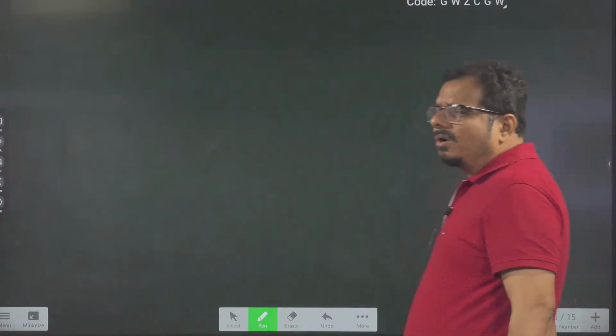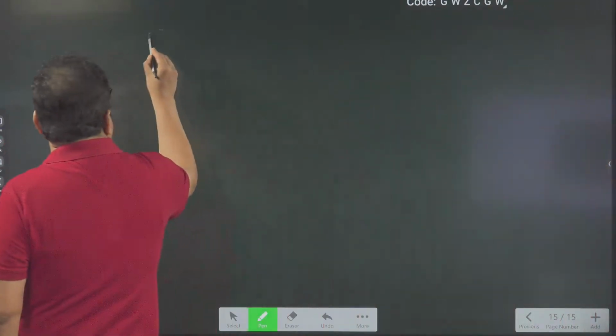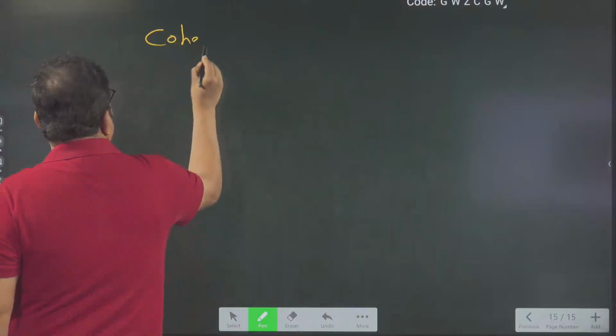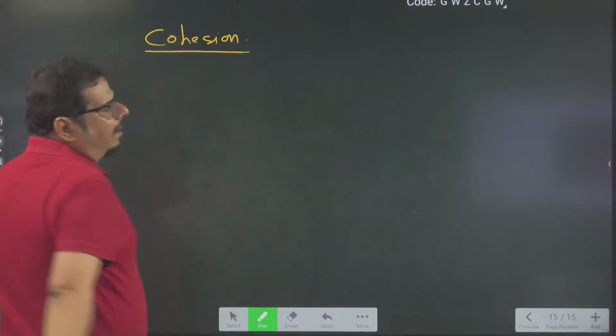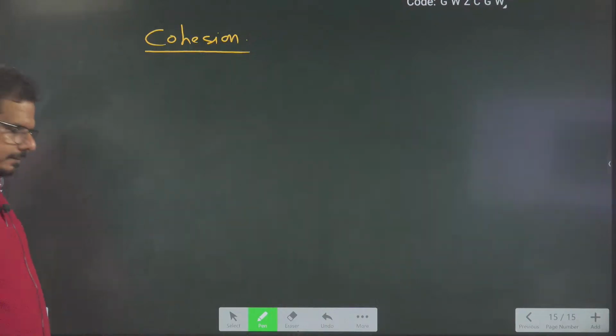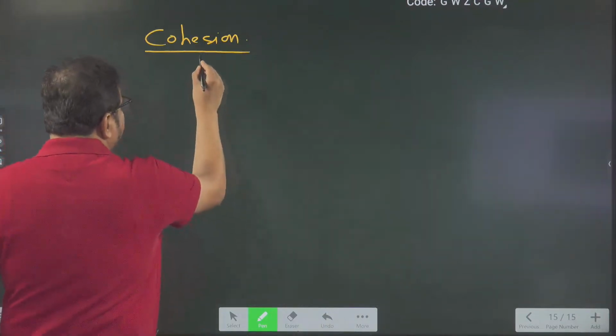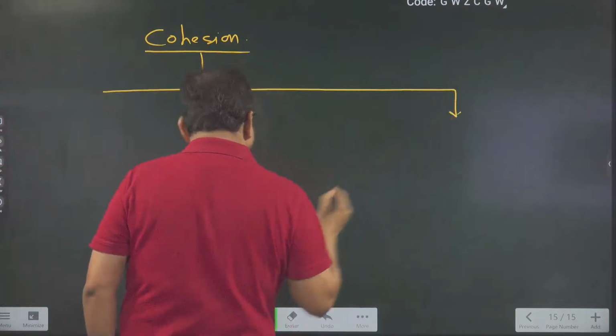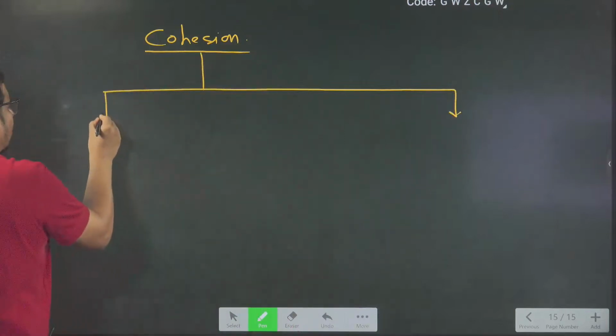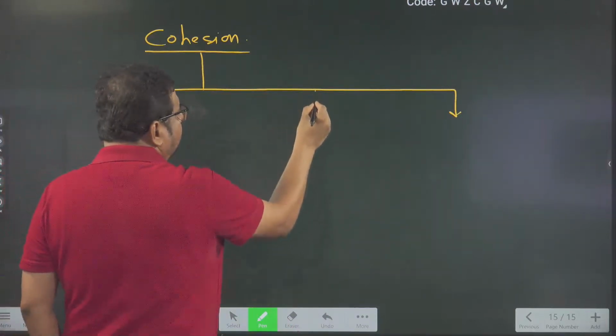Now we are going to talk about cohesion of the stamen. In a stamen, three possible types of cohesion are there, and I will write all three because it is written in the lab manual.